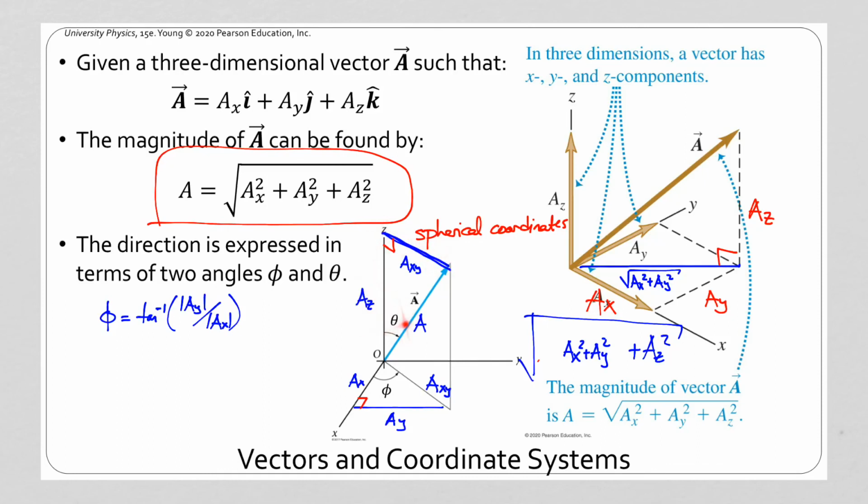And so I can find this angle here as the inverse tangent of Axy over Az. Axy should already be positive, and kind of in more practical terms, I can think of that as the square root of ax squared plus ay squared over az.